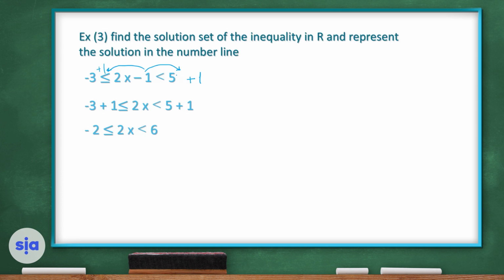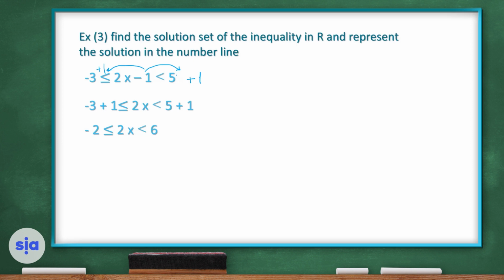As we said, whatever we do in the middle, we have to do on both sides. So in the middle you have 2x, you're going to divide it by 2. So on the right hand side you divide it by 2, and the left hand side you also divide it by 2. And remember, if you divide by a negative number, you have to change the inequality symbol.